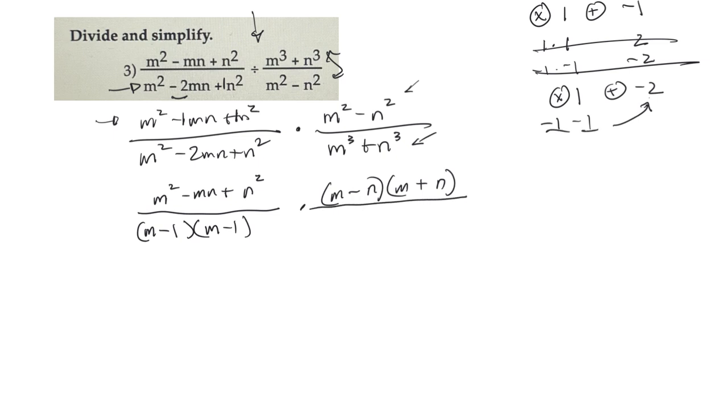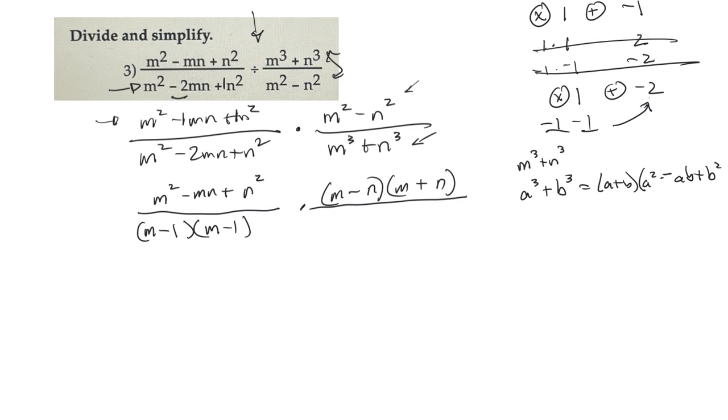Okay, now let's deal with that sum of cubes. Let me write it over here. So m cubed plus n cubed. That's the same as a cubed plus b cubed. Same kind of pattern, and there's a formula for factoring that. The formula would be a plus b, and then a squared minus ab plus b squared.